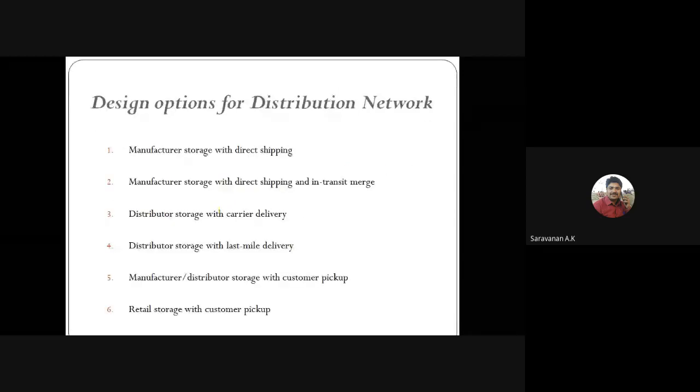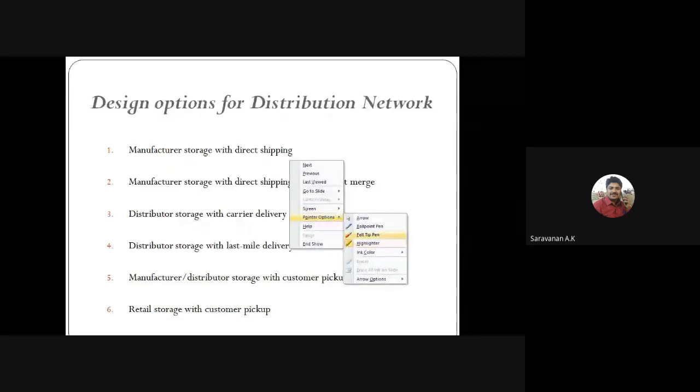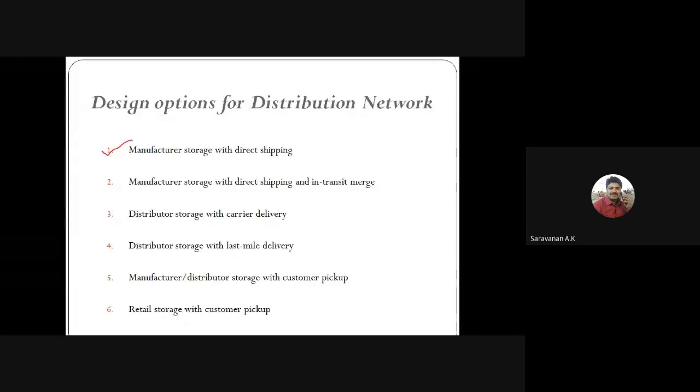So the first one is the manufacturer storage with direct shipping. And the second one, the manufacturer storage with direct shipping and in-transit merge, and the distributor storage with carrier delivery, and the distributor storage with last mile delivery, and the manufacturer or distributor storage with customer pickup, and the retail storage with customer pickup.